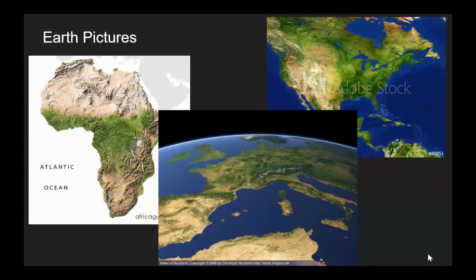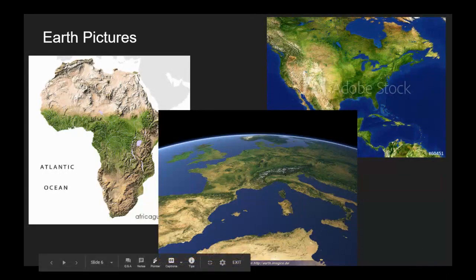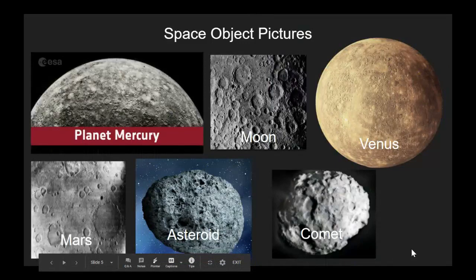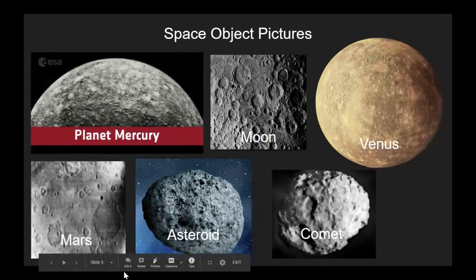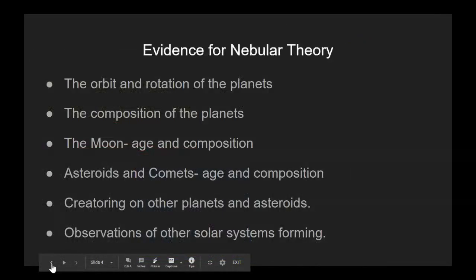But as the atmosphere developed and weathering and erosion and plate tectonics all happened over billions of years, the evidence of those craters has been largely erased from the Earth. So the fact that all of the planets and asteroids and the moon have these craters supports the theory of nebular theory for how the solar system was formed.